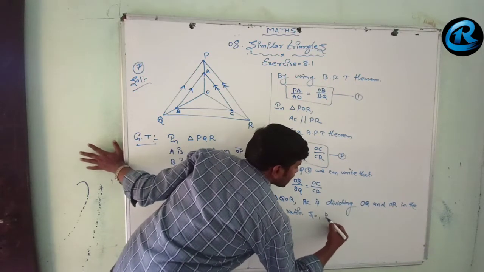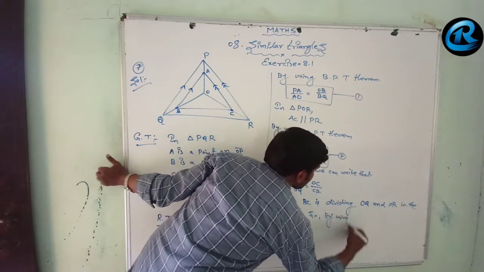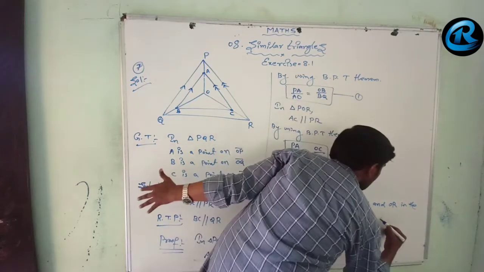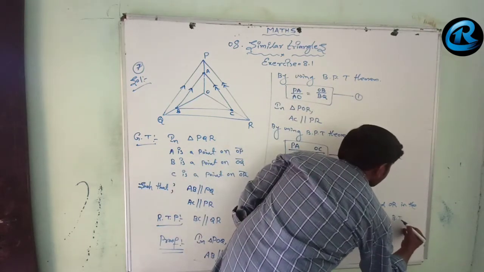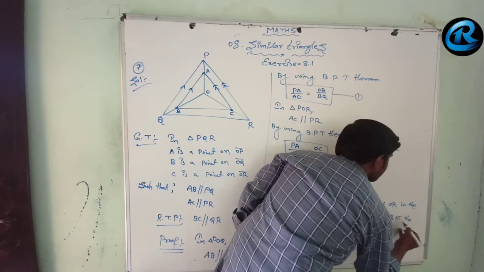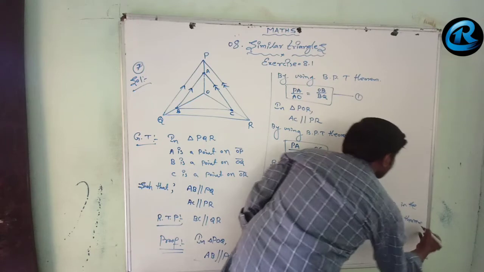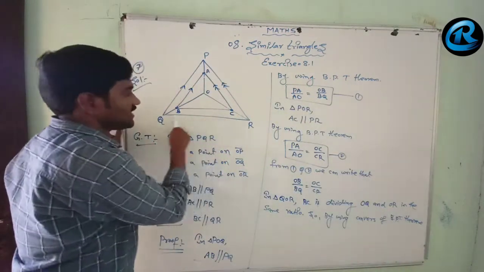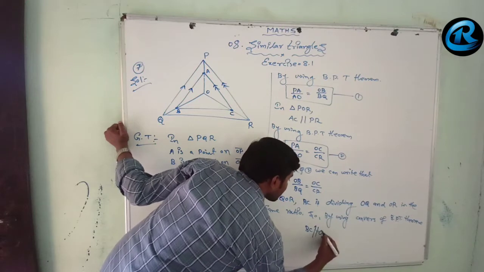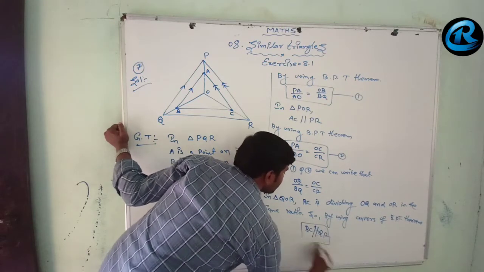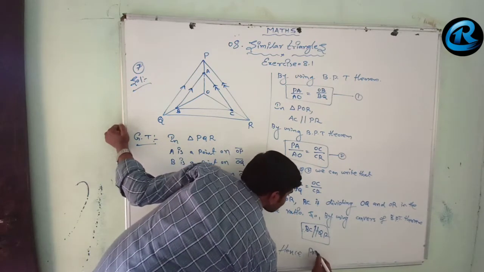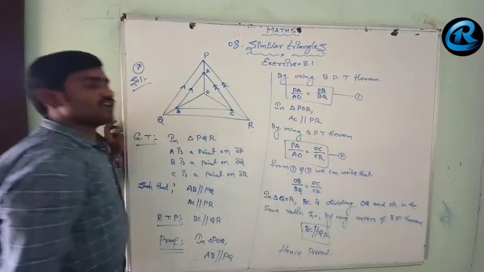So by using converse of Bpt theorem, we can say here BC is parallel to QR. If BC is parallel to QR, that is what we need to prove it. So hence proved. We have proved this.